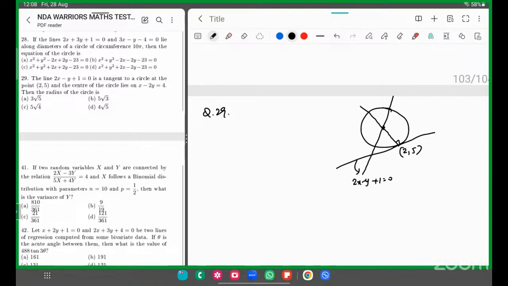What is the slope for this? Slope of tangent is minus a by b. That is m I can take as minus 2 by minus 1, that is 2. Slope of normal will be what? To it m equal to minus 1 by 2.